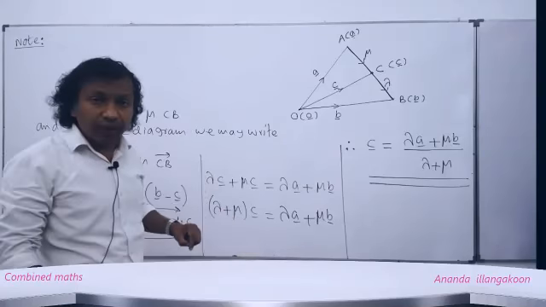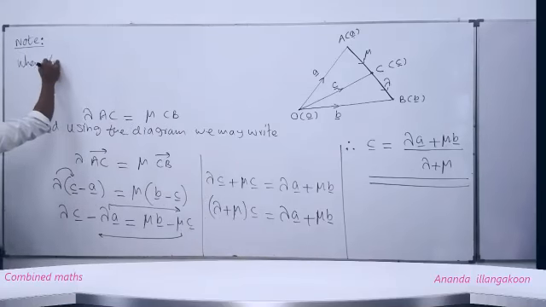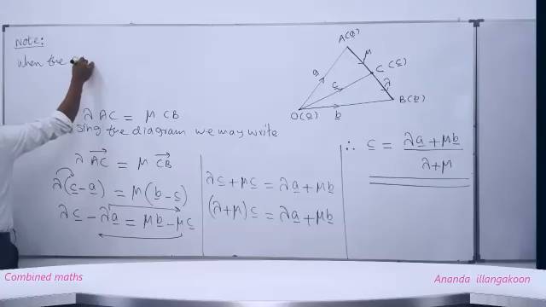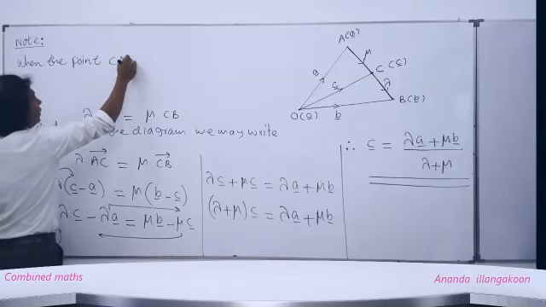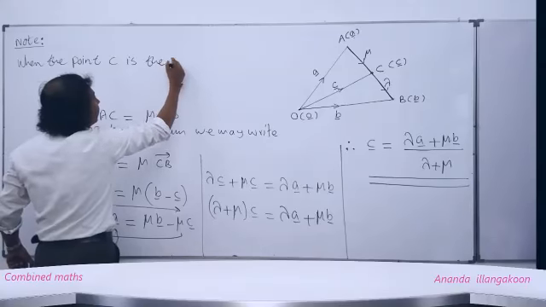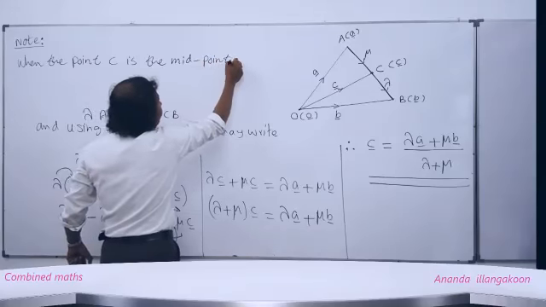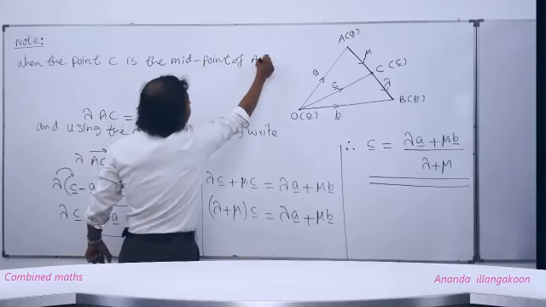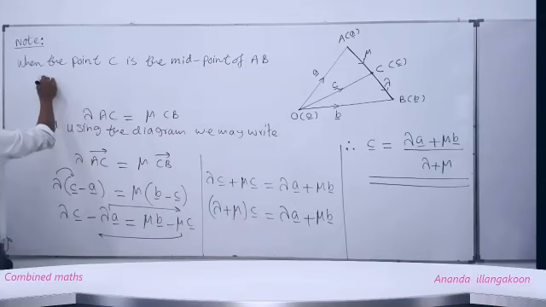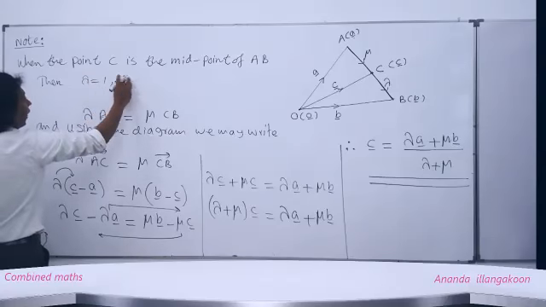Understood? And then write down: when the point C is the midpoint of AB, then lambda equals 1 and mu equals 1.